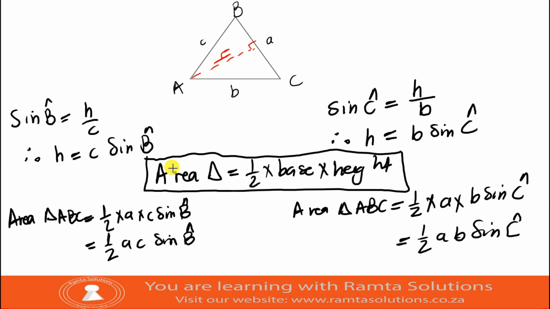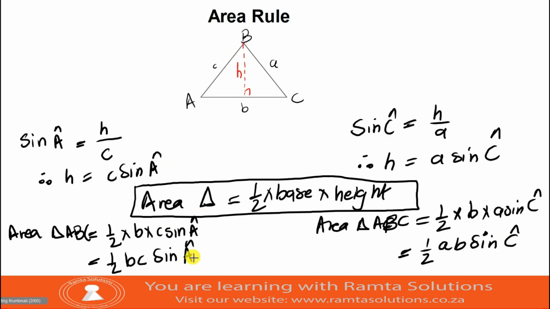So, I want you to look at this. Let me go to the previous page as well. When we say sine angle A, we use side BC. This is angle A, and then the sides are BC. As you can see, these sides are not opposite the given angle.